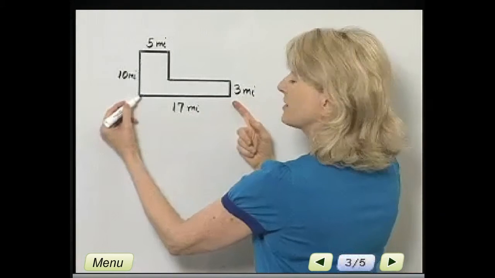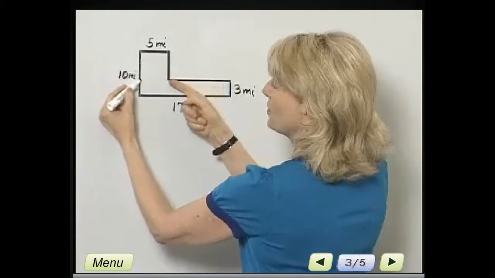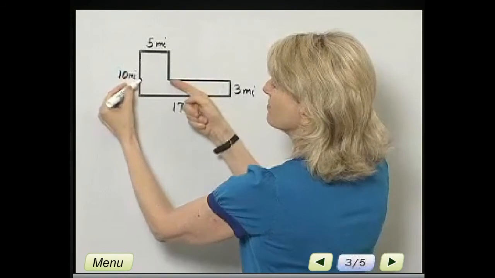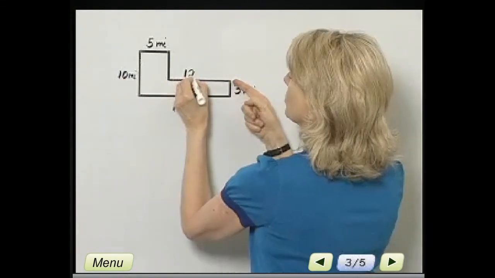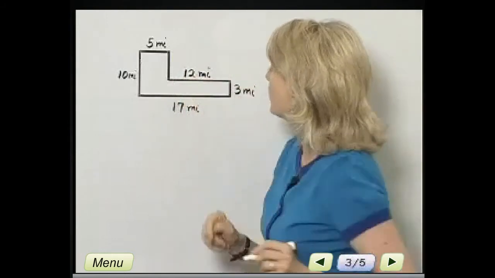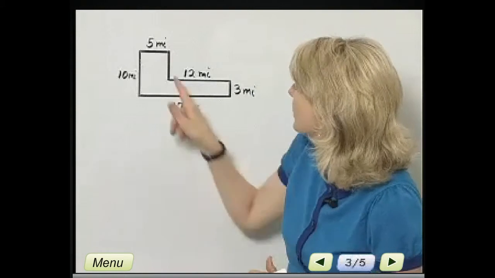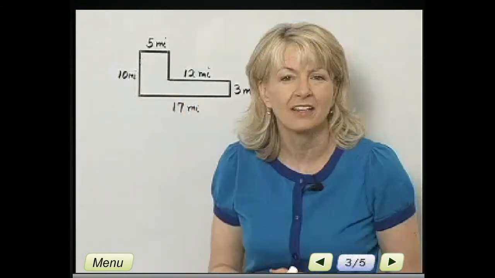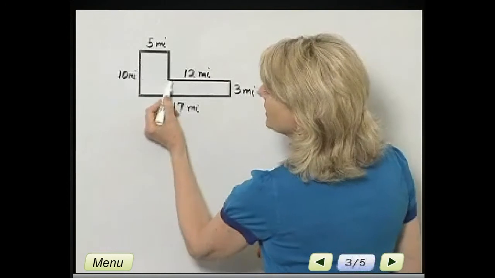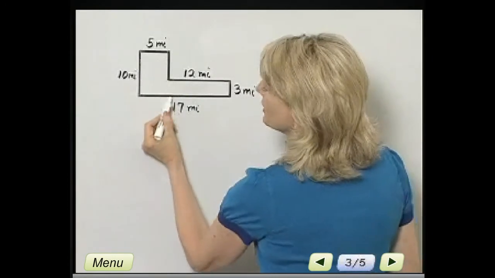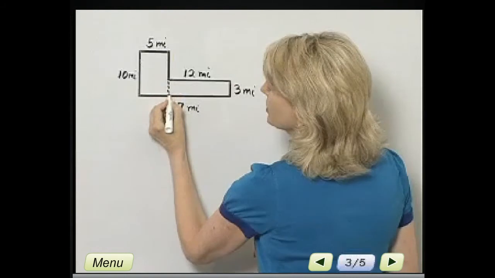Since this is 17 miles, and this, or think equivalently, this is 5 miles, this is 17 minus 5, or 12 miles, but we still need to find out how we can calculate the area of this L-shaped figure. Let's divide it into two rectangles. Now you can divide it here or here. It makes no difference. You'll get the area each time.